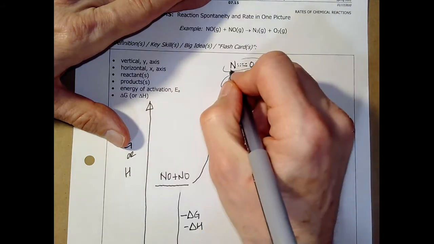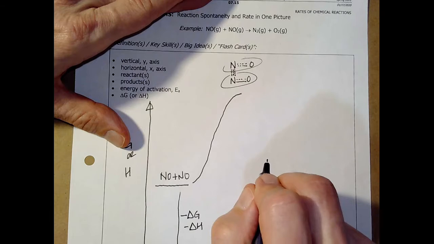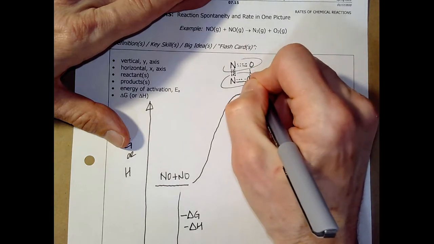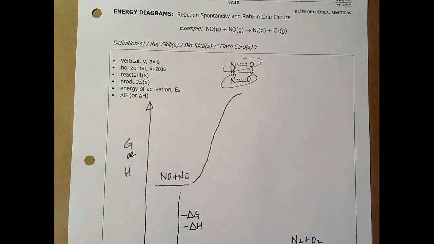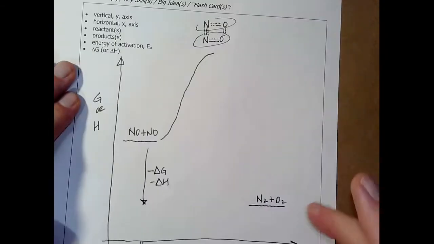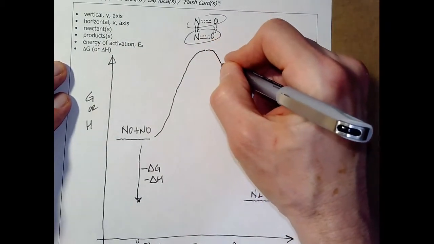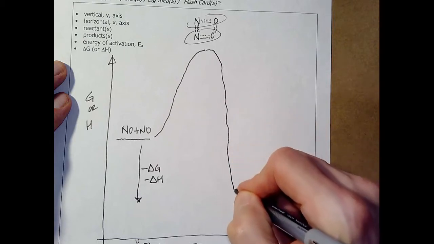And what I'm getting here is that bond is starting to form, and this bond is starting to form. So it's at the peak, like the old bonds are breaking, the new bonds are forming, and that's the peak amount of energy. And after that, those bonds will continue to break, the new bonds will form, and if I was measuring the energy, what I'd see is it would come on down.